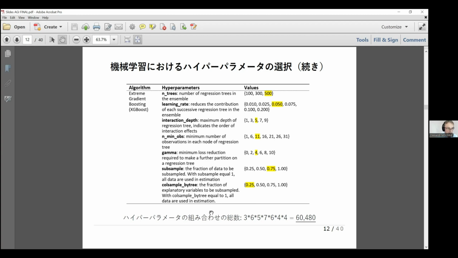And also, column sample rate is the fraction of explanatory variables to be subsampled. So rather than using all explanatory variables, 20 or 30, each regression tree only uses a fraction, a quarter of the original explanatory variables. So in each regression tree out of 500, the composition of explanatory variables is changing every time.